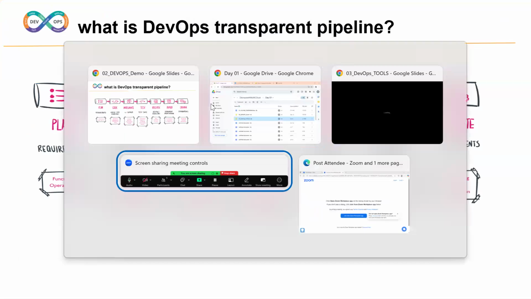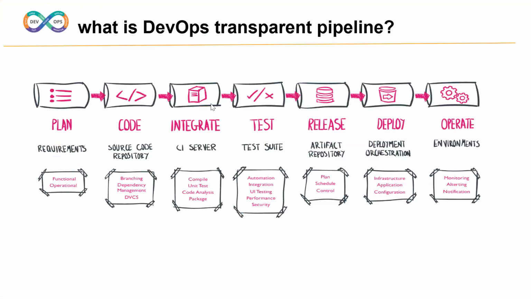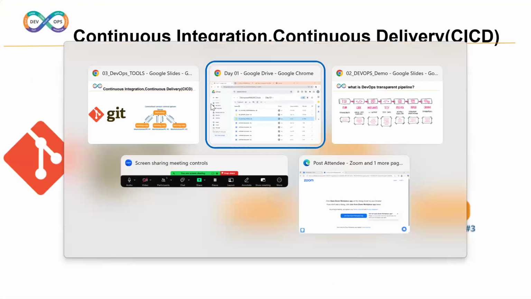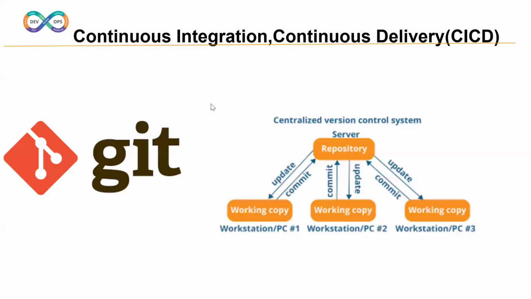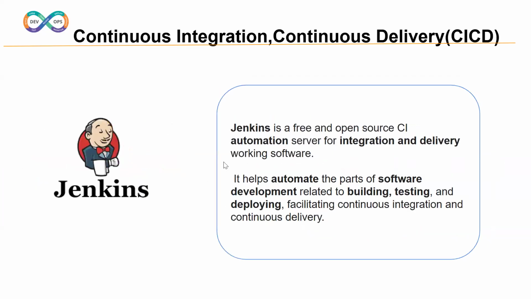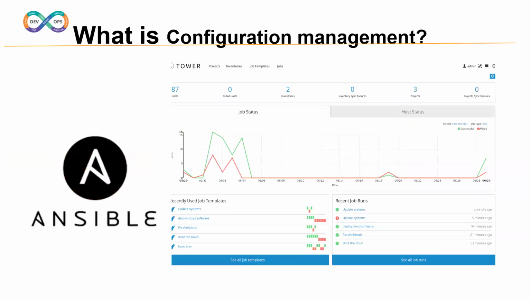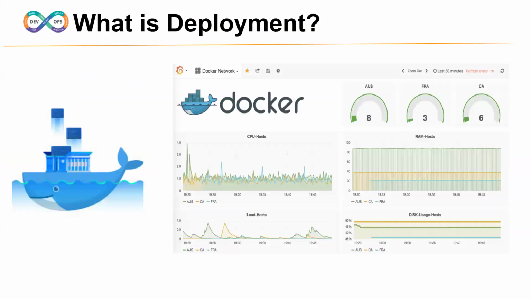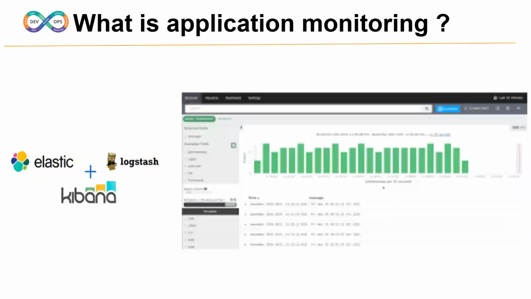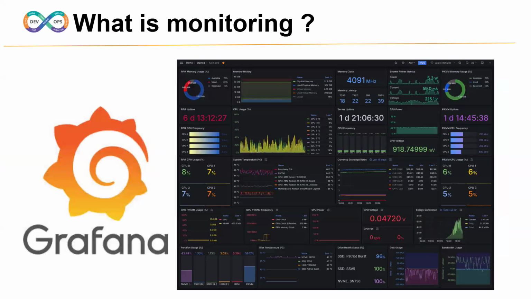For implementing this DevOps transparent pipeline, we are going to use tools like Git, GitHub, Maven, Jenkins, JFrog, SonarQube, Ansible, AWS, Microsoft Azure, Google, Docker, Kubernetes, Elastic Log Stacks, Kibana, Grafana, Prometheus, Terraform.